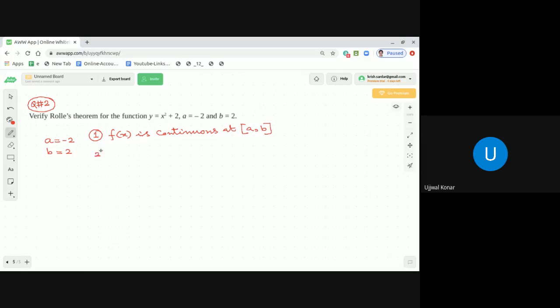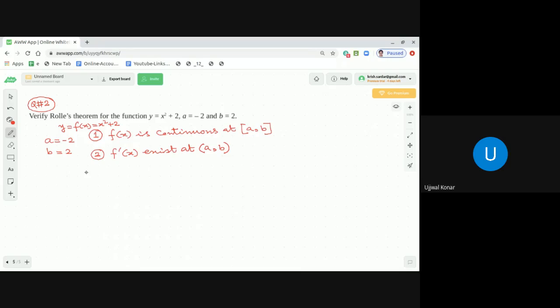And dear students, f dash x is what? f(x), y equal to f(x), and that is equal to x square plus 2. Then what is f dash x? 2x. So 2x exists, so f dash x exists at the open interval a comma b.